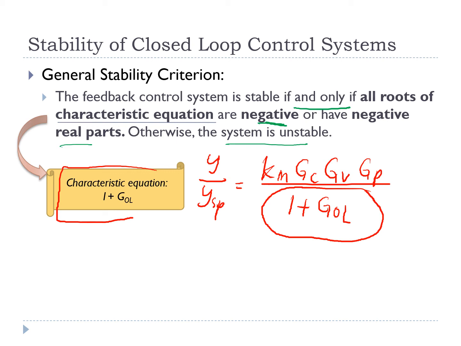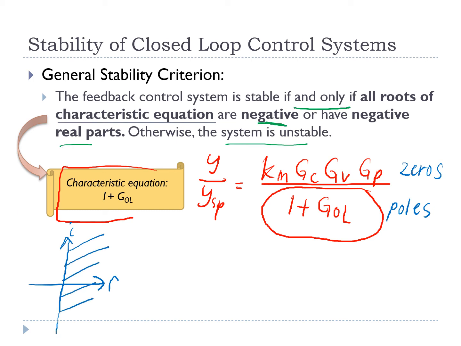And if you can recall, in chapter 6, you learned about what? Poles and zeros, right? So poles are in the denominator and zeros are in the numerator. So if you can recall in chapter 6, for a system to be stable, if you have a positive pole, this is the right half plane, this is the imaginary part, this is the real part. If your poles are located in the right half plane, it will result in an unstable response.